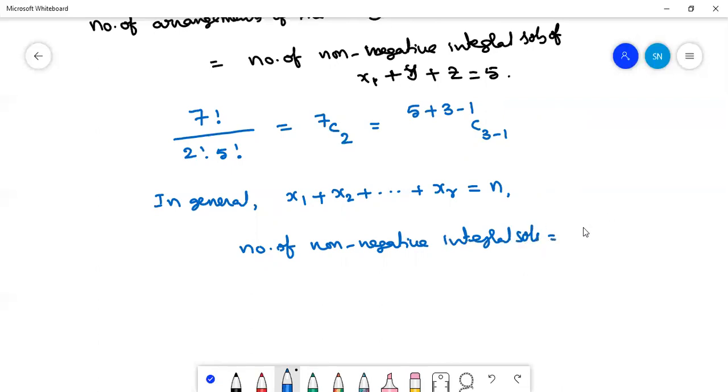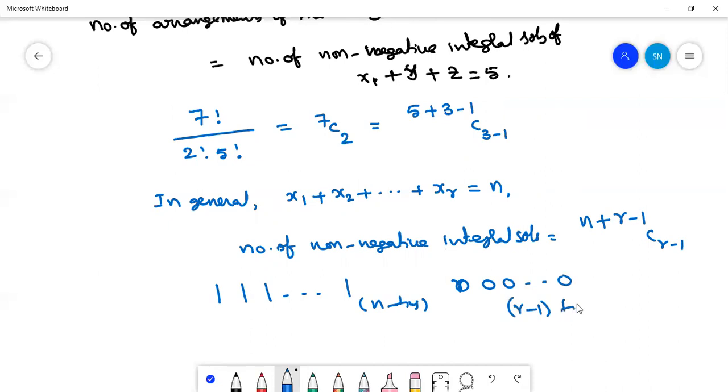is equal to (n plus r minus 1) C (r minus 1), because you will have n ones, 1 and so on, n times, and in order to partition into r groups we need r minus 1 zeros, 0, 0, 0 and so on, r minus 1 times. So these r minus 1 zeros will make a partition of r among the n ones, right?